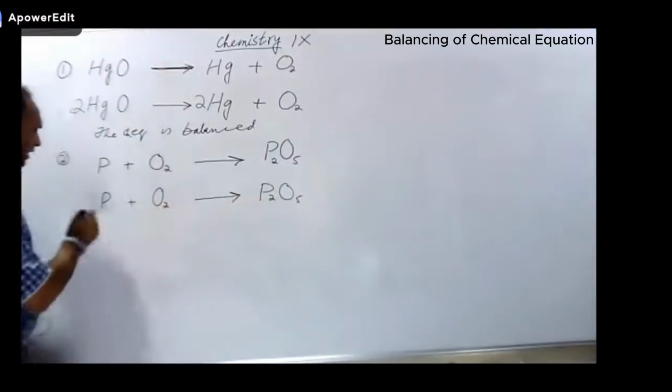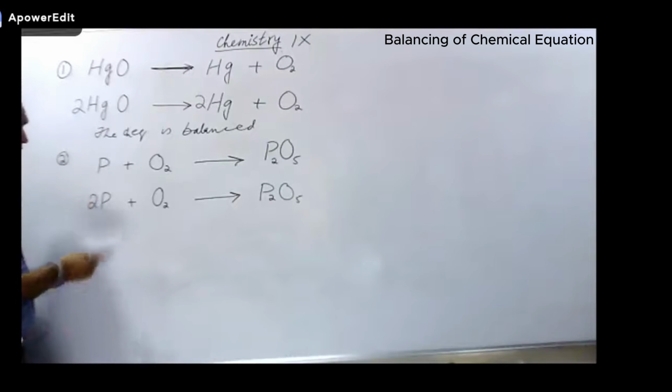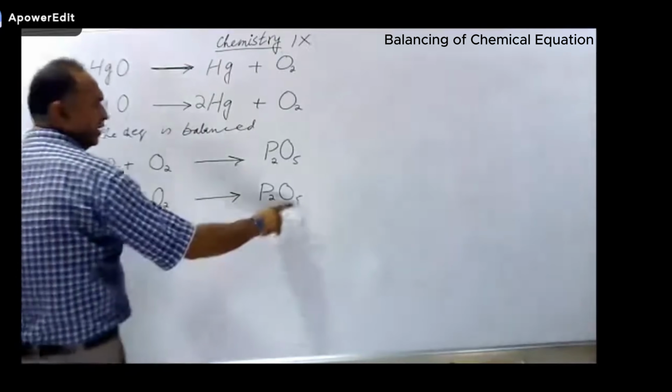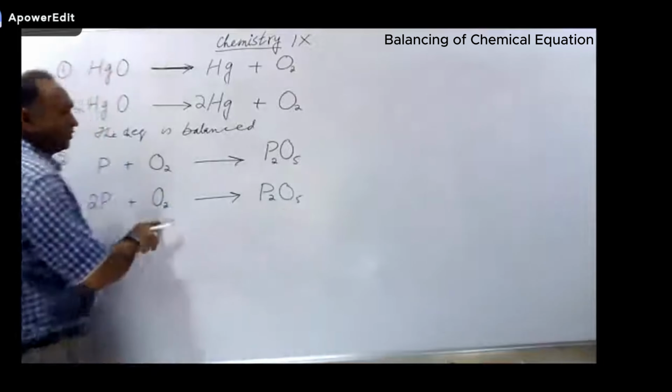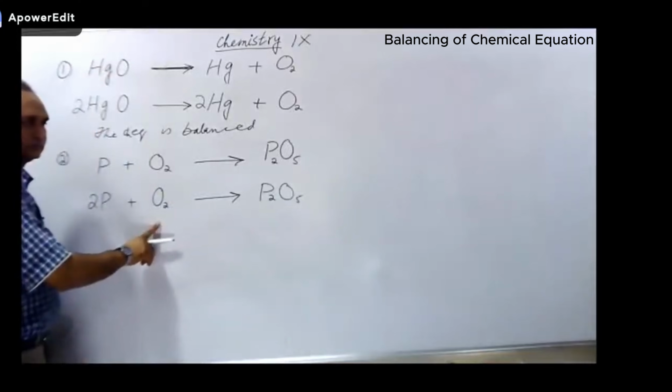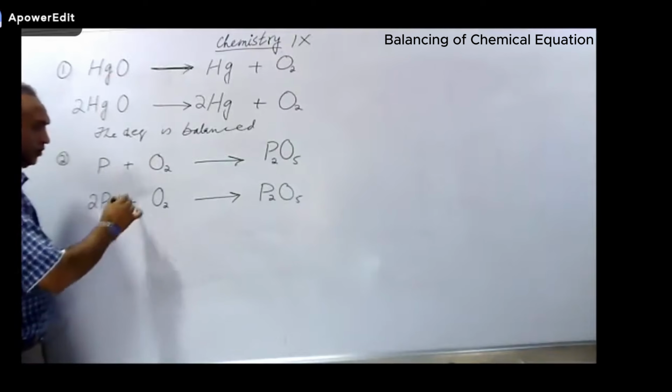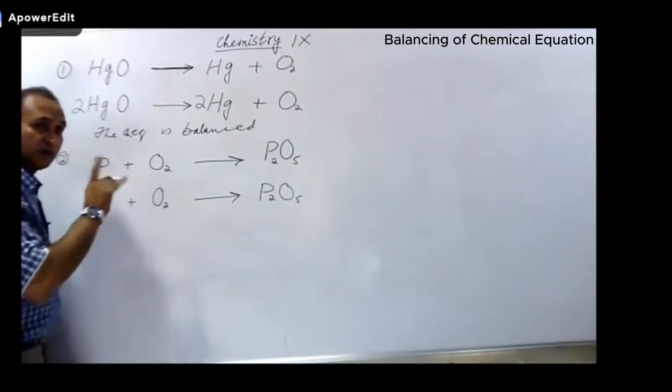Two phosphorus, I'll write 2 over here. Phosphorus is balanced. Here we have 5 oxygens, here we have 2 oxygens. How can we balance them? Look at the board. Use your common mathematical sense.